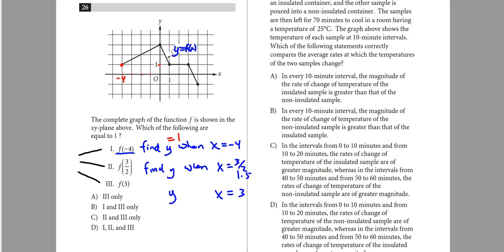When x is 1.5 or 3/2, the y value is 1. And for the last one, f of 3, when x is 3, the y value is 1. So which of the following are equal to 1? All of these are equal to 1. So the correct answer here is D.